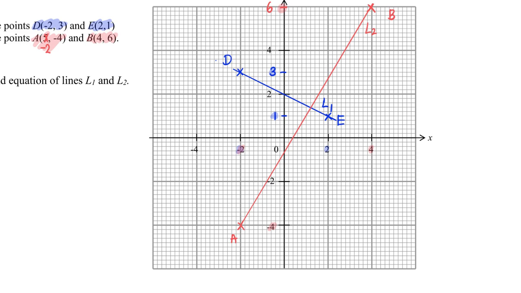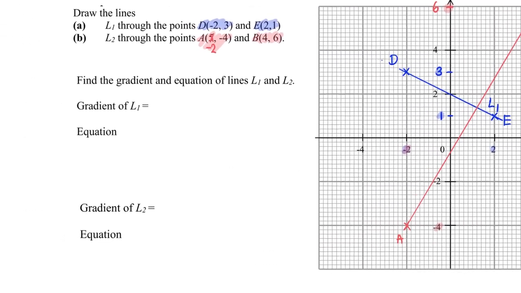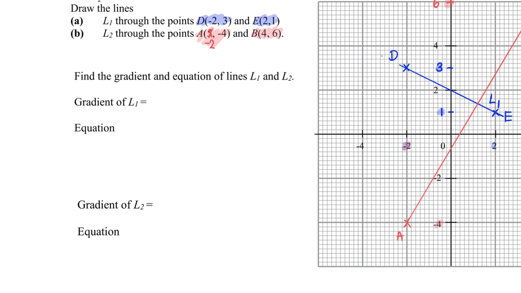Now, for part 2 of this particular question, we are required to find the gradient and the equation of the lines L1 and L2. So for L1, since we are given the points, we could then just simply apply the formula for gradient.